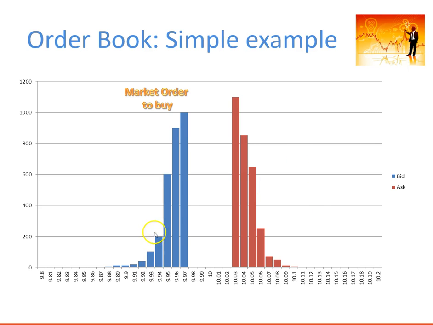At the moment, the most someone's currently willing to pay for this stock is $9.97. If you want to execute immediately, you have to cross this spread and pay the best available price that someone's willing to sell for, which is $10.03. That difference between those prices, going from $9.97, crossing that spread to $10.03, we call the bid-ask spread, and we argue that it's actually a transaction cost, the cost of jumping from one stack to the other.